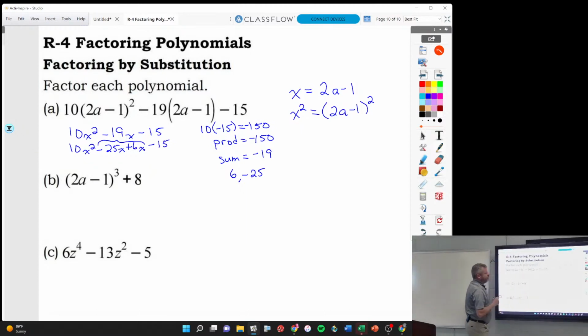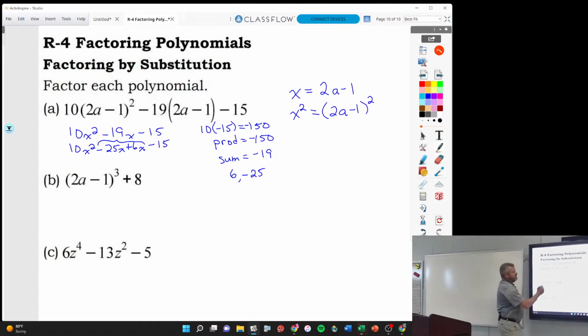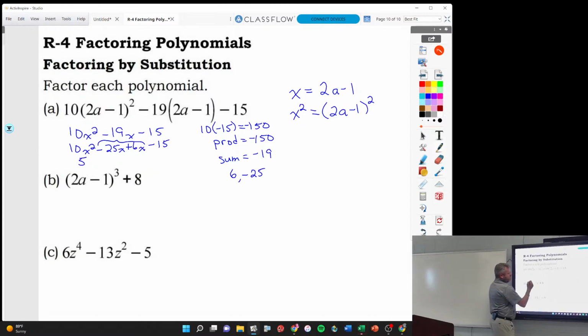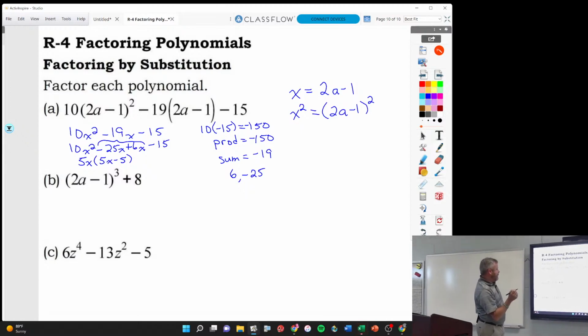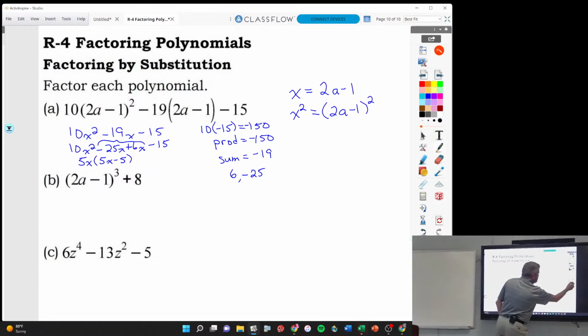Okay. First two terms, I can take an x out, leaving me with 5x minus 5... second term, that's 2x minus 5.